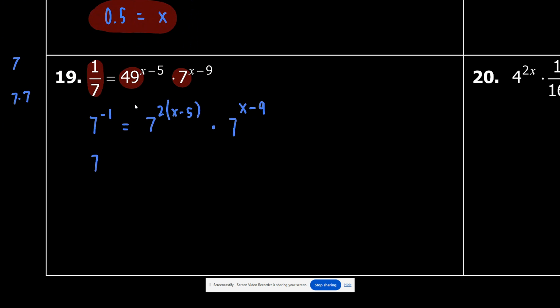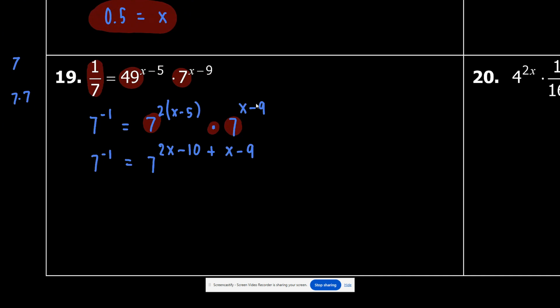Let's leave the 7 to the negative 1 alone for a minute. Remember, in order for me to get this base of 7 and this base of 7 together, because I'm multiplying, I've got to add these exponents. So here's what I really have, y'all. I have one base of 7 over here, but I've got this, so 2 times x minus 5, which is 2x minus 10. I use distributive property, plus x minus 9.